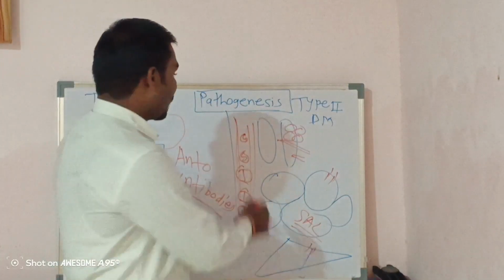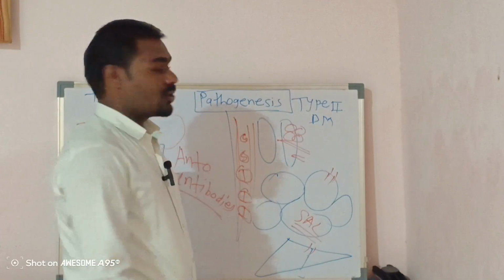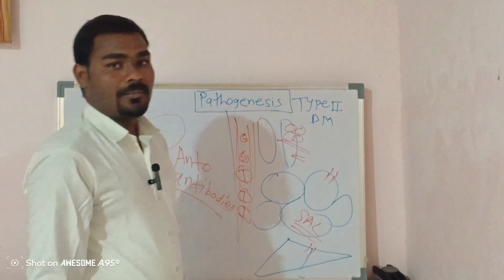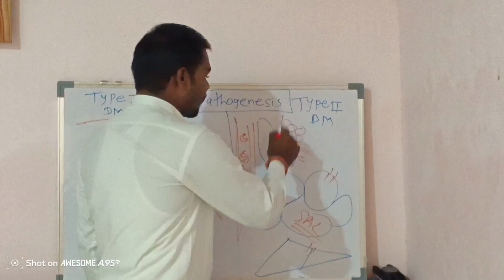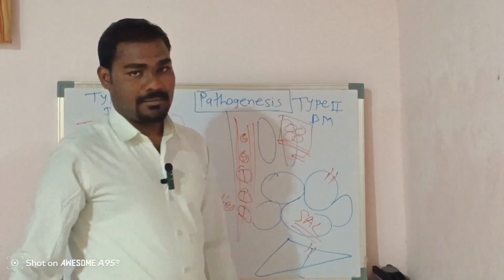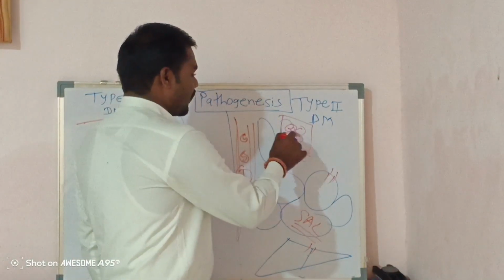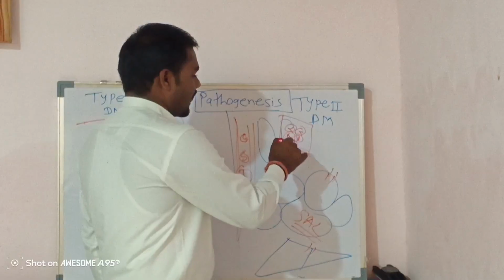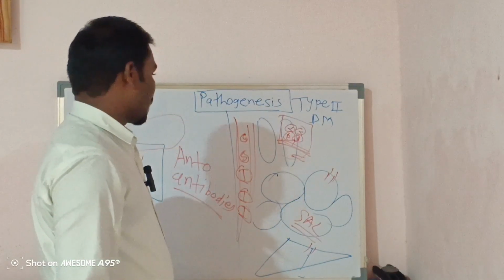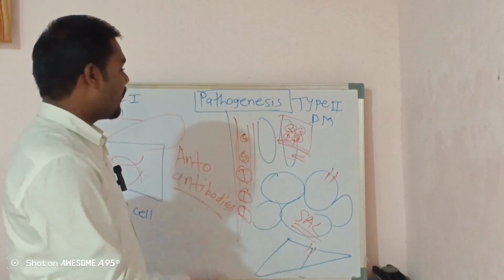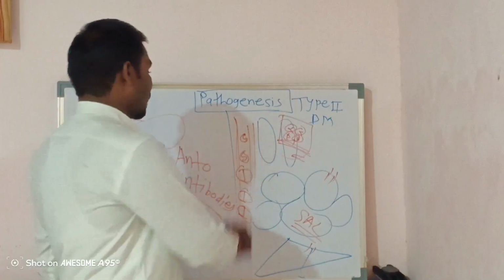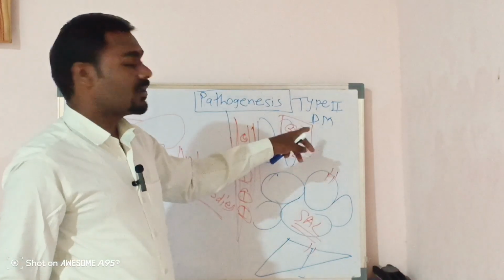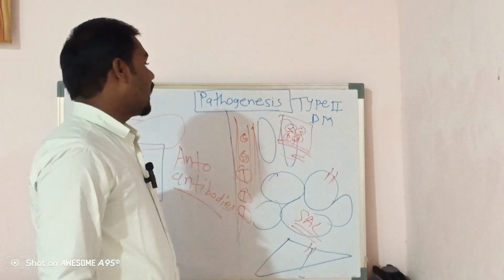This is how blood glucose level increases in type 2 diabetes mellitus, because the defect is in the tetrameric receptor, that is, 2 alpha units and 2 beta units. Glucose is present in abundant amounts in the blood only because of the defect in the tetrameric receptor.